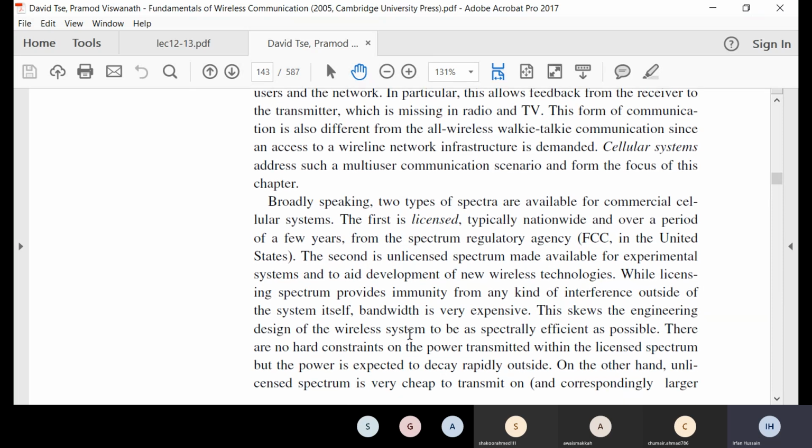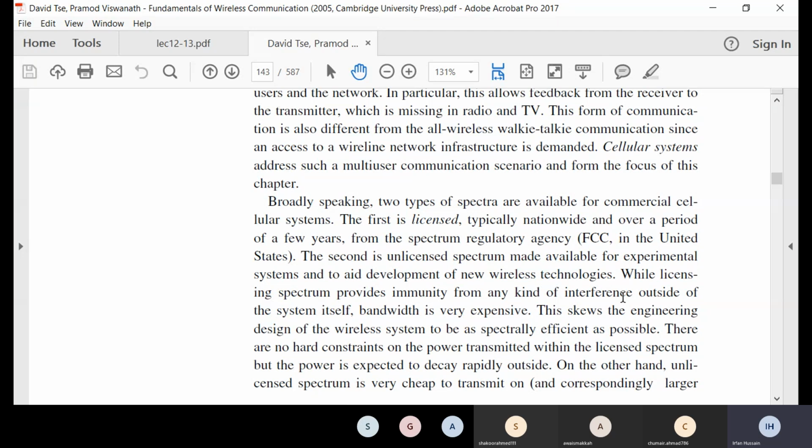So industrially we have two kinds of spectrum, licensed and unlicensed. Licensed spectrum is quite expensive. It has to provide immunity from any kind of interference. I would not want, if I am talking through a mobile for which I am paying, some other voice to interfere, or someone to listen to my sound.